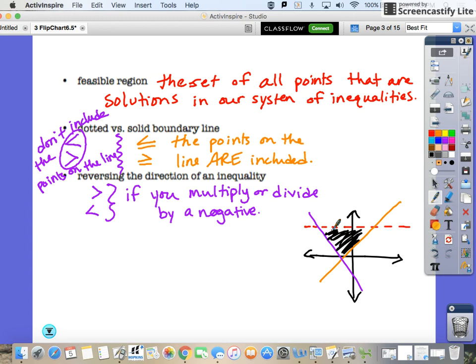But just for an example, this in black might be the feasible region. These are then the vertices, because that's what kind of makes that feasible region. Okay. This feasible region will depend on where the shading goes. And for the orange line, those dots on the line would be included. Same with the purple, but the coordinates on this red line would not be included because it's a dotted line.